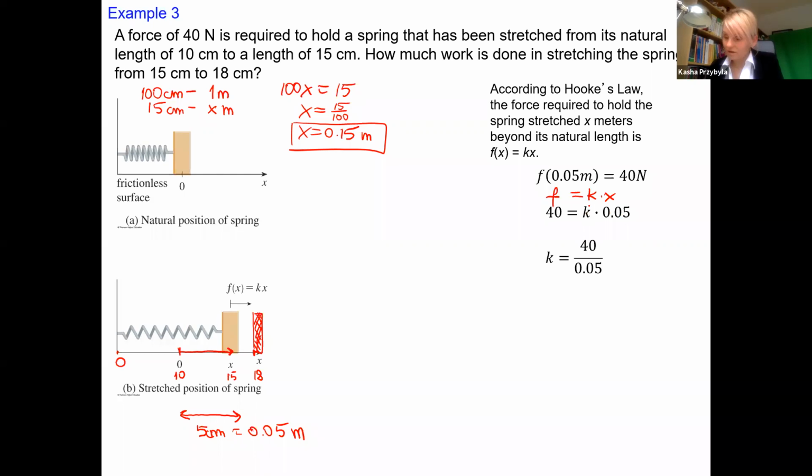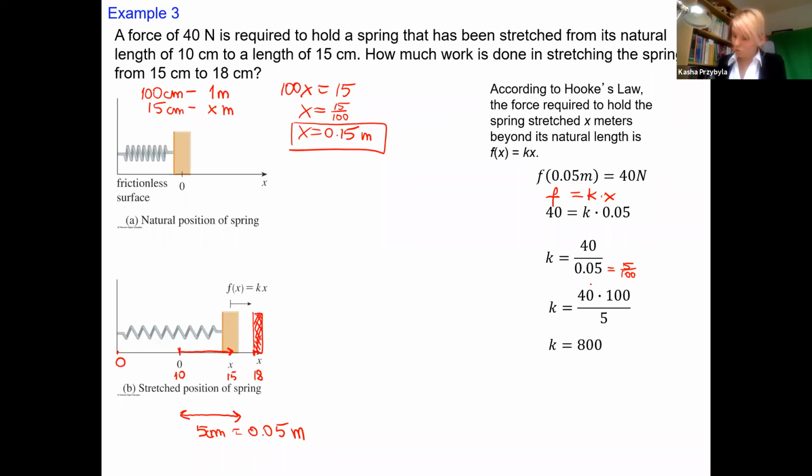I can just divide both sides by 0.05. And 40 divided by 0.05, because 0.05 is 5 over 100. Dividing by 5 over 100 is multiplying by 100 over 5. And 40 divided by 5 is 8. 8 times 100 is 800.